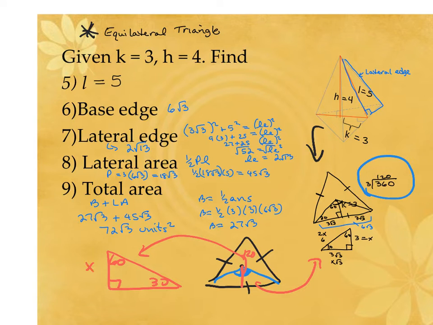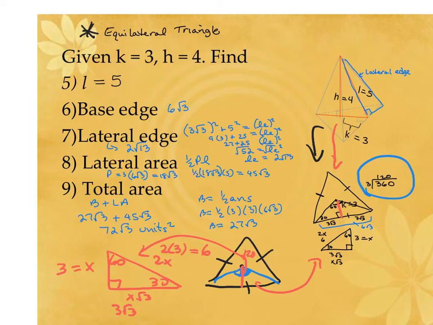Remember, the side across from 30 is x, this one's x root 3, and this one's 2x. Well, my x is my k, because if you notice, I pulled the bottom out and here is k. So this is 3. So this side's going to be 3 root 3. This will be 2 times 3, and the radius is 6.